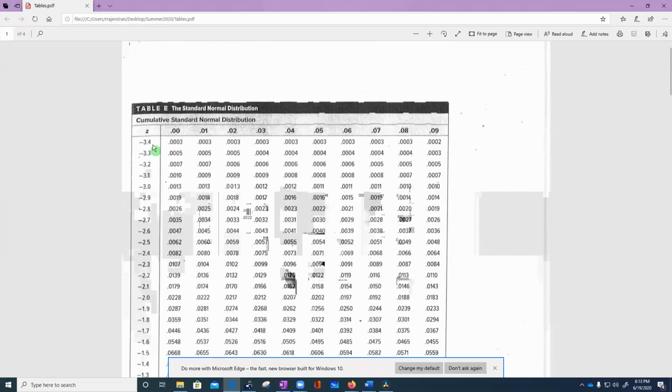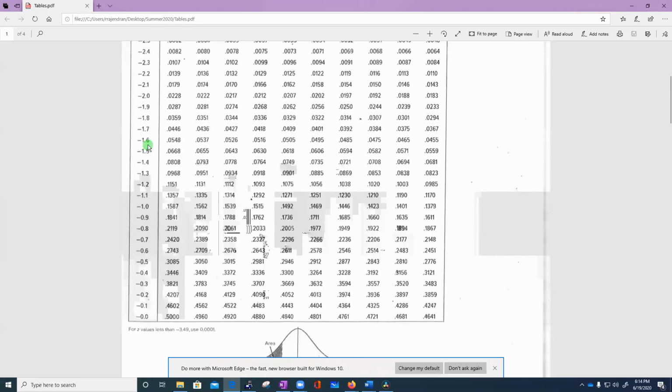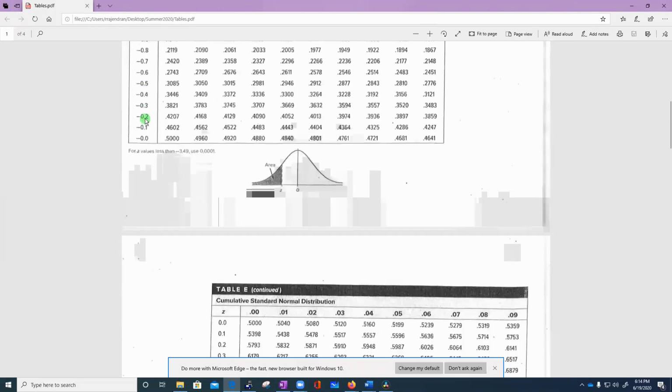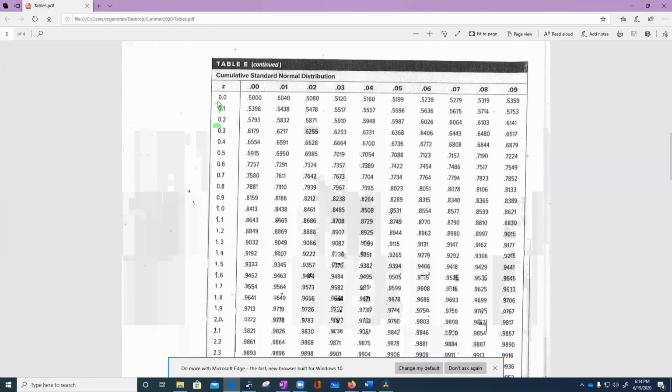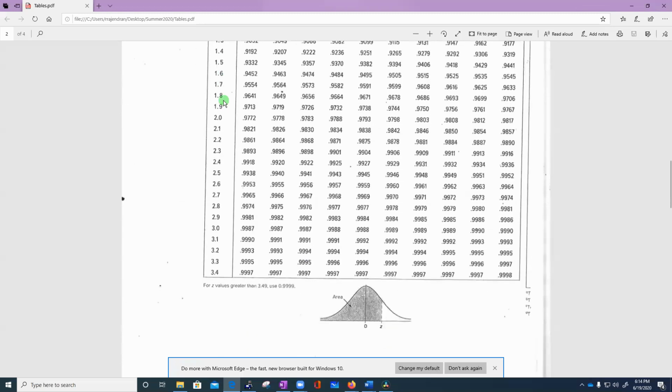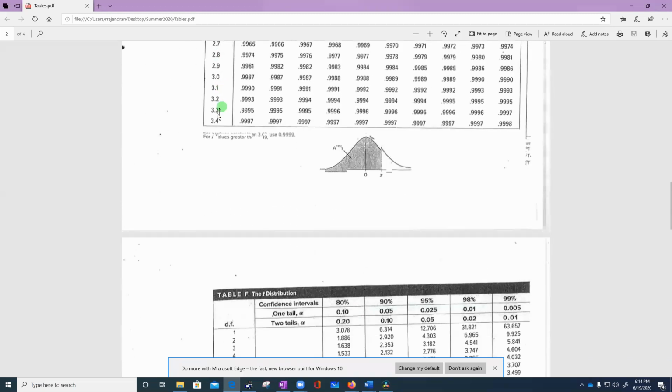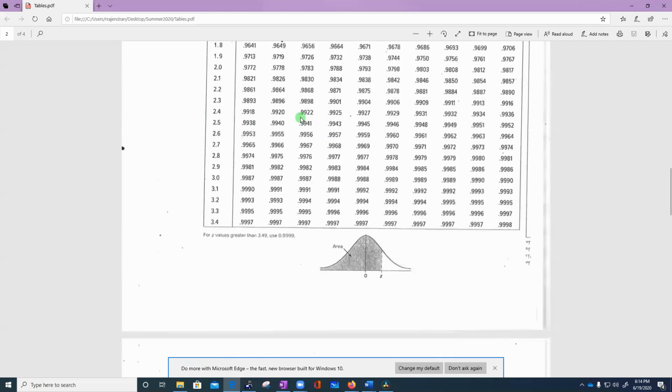Therefore, if you look at your table, the first column may be negative and going down, and the table values continue to the second page, and the z value here you see 0. Then again starting increasing, and the maximum z value is 3.4 in your table. Okay. That means if you pick any z value here, it will give you the area inside the table.